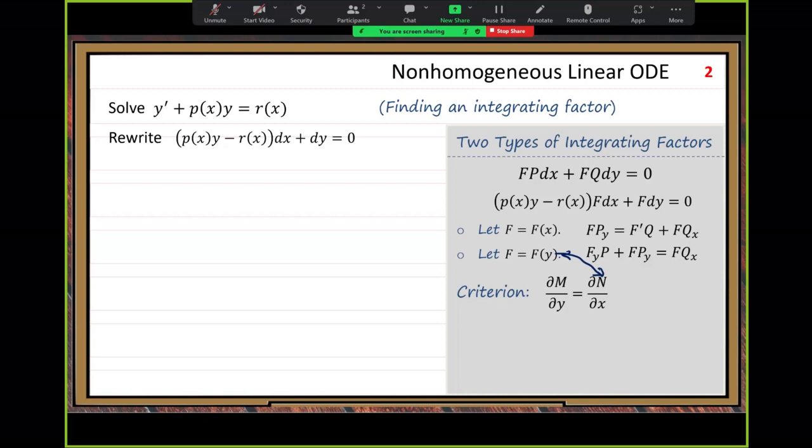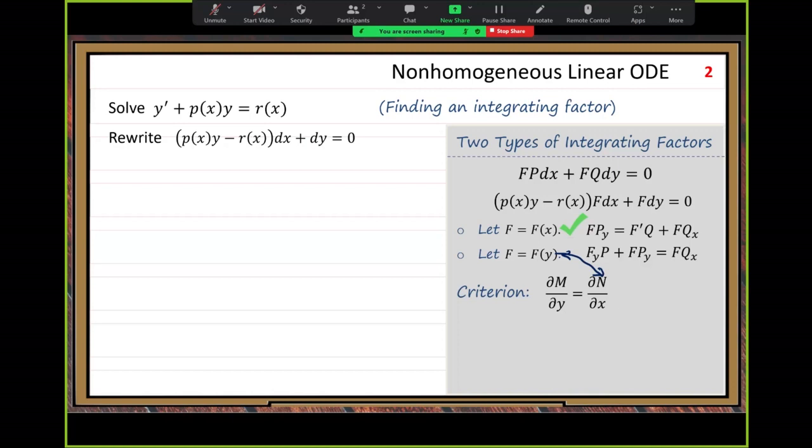Our chance to find an appropriate integrating factor f would be greatly reduced if we choose the second option. So for that reason, we drop the second option and take the first option, because our chance would be much larger to get a good integrating factor f.